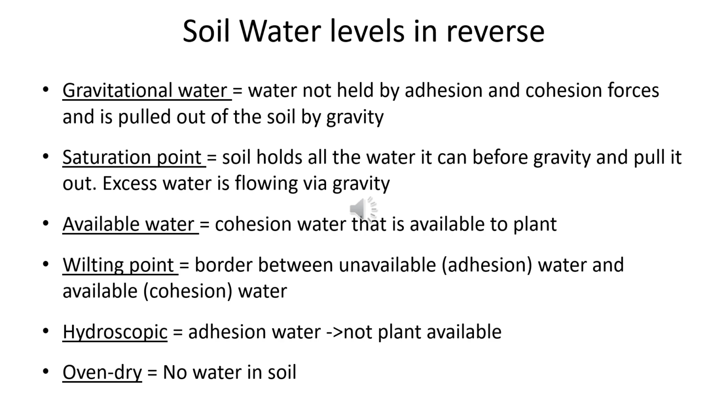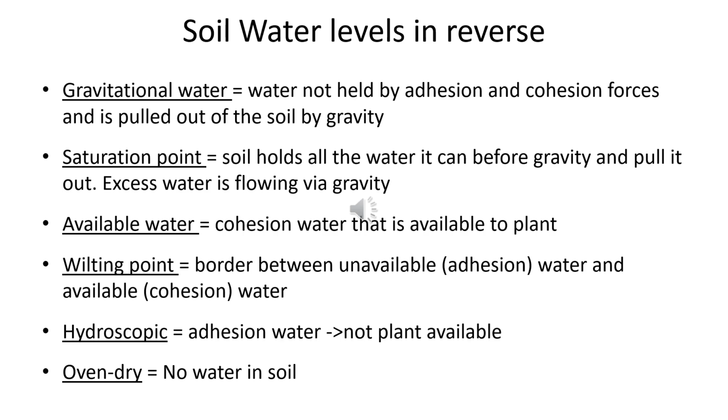Okay. The permanent wilting point's kind of a border, and oftentimes it's right there where adhesion water is the only thing that's left, maybe some tightly bound cohesive water. And then anything below that wilting point, the amount of water less than that, it's not available for plants.